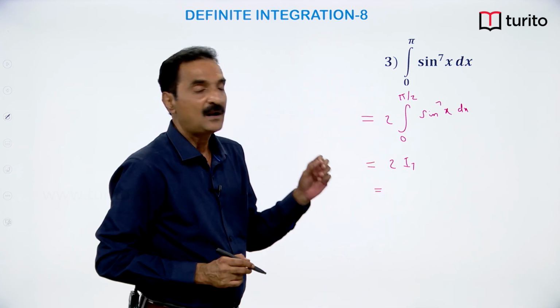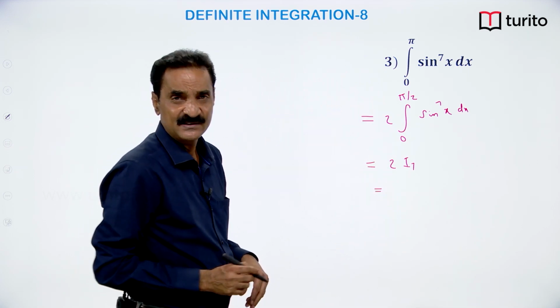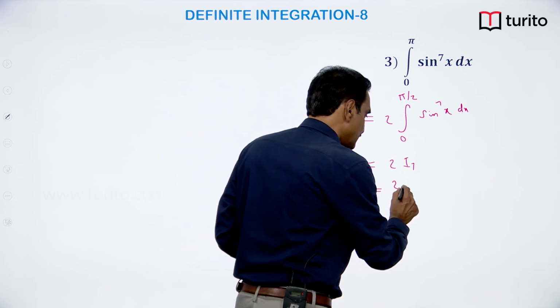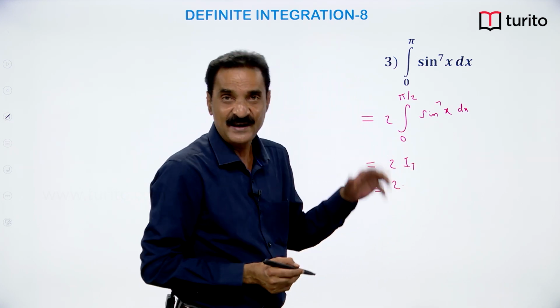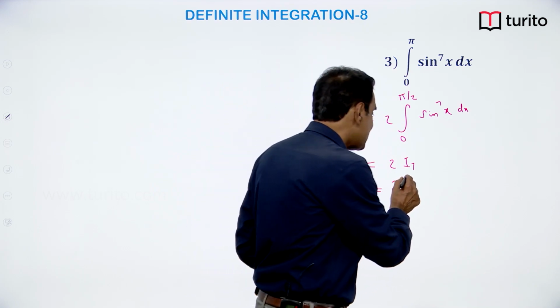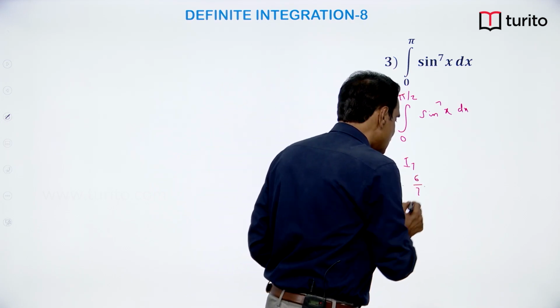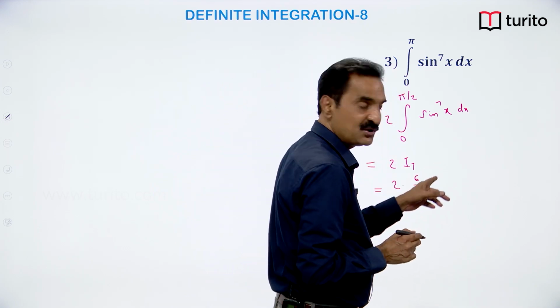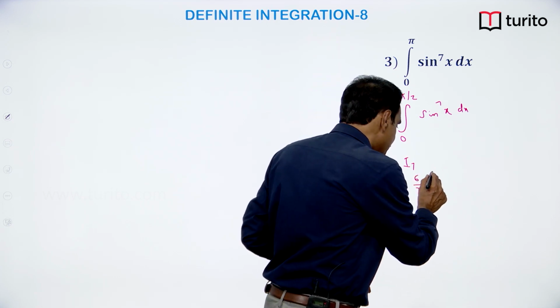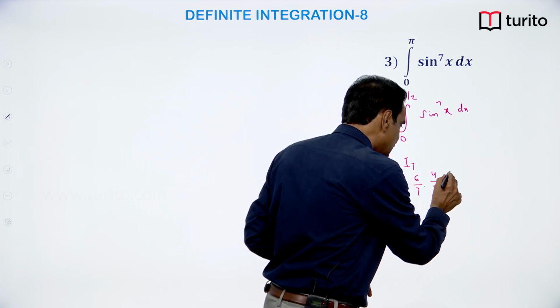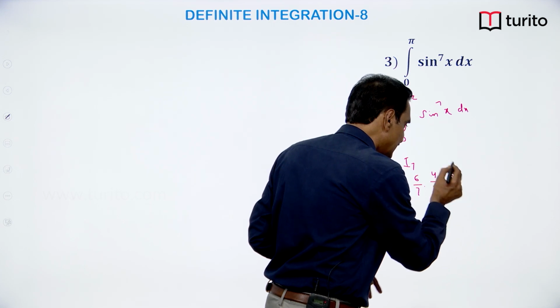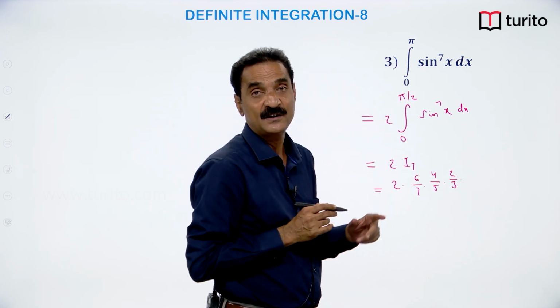Okay. Now, write the value of I7. First, n is 7, no? So, n minus 1 by n is 6 by 7. Next, subtracting 2 from numerator, 2 from denominator, 4 by 5. Next is 2 by 3, that is all. You cannot subtract 2 further.